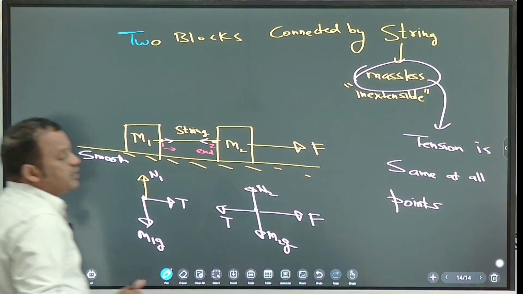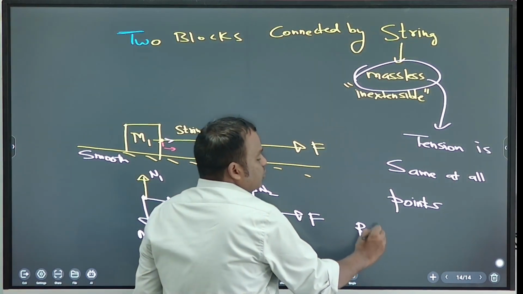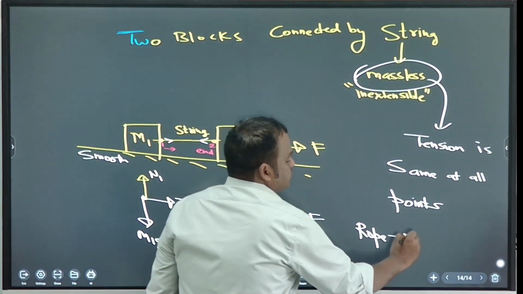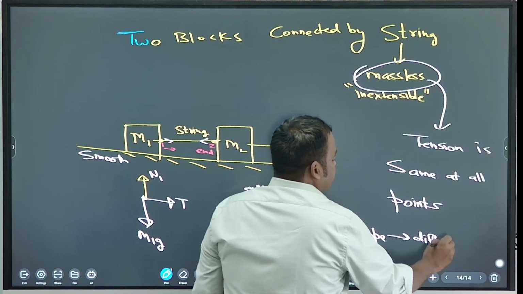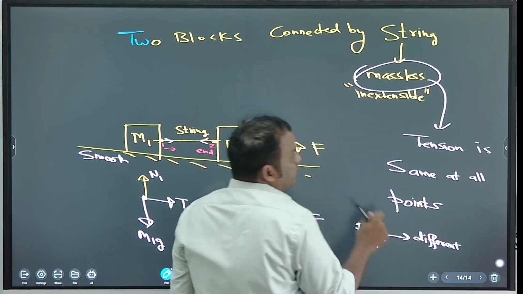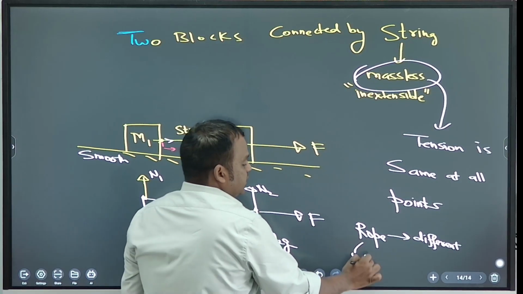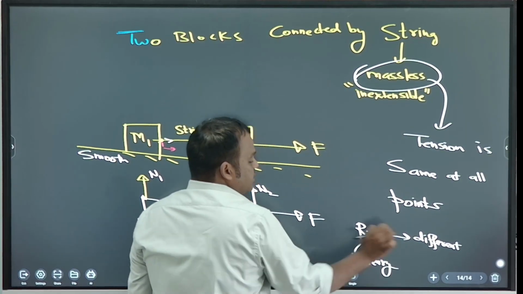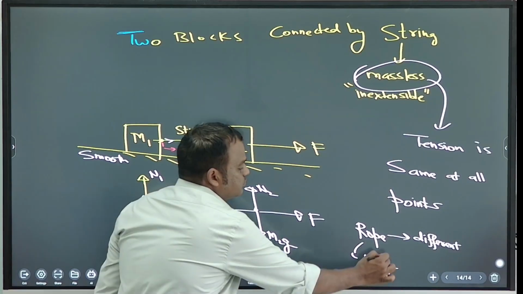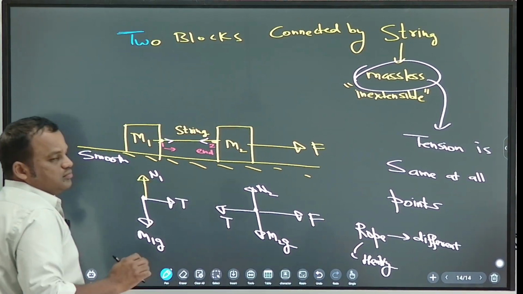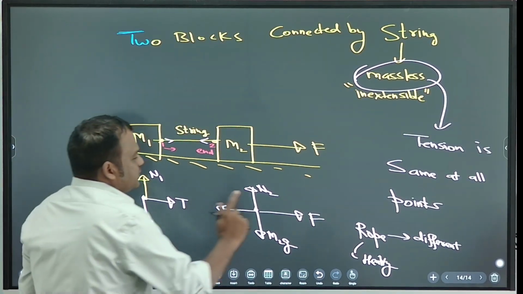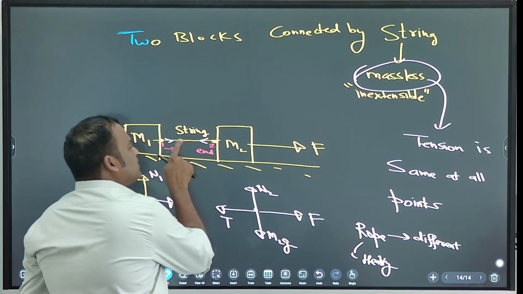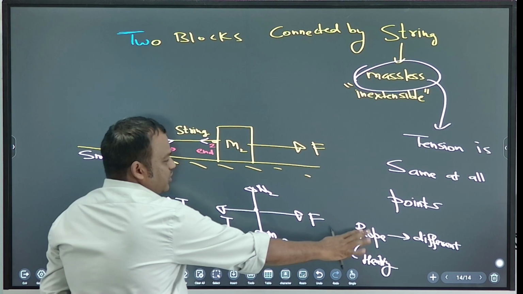But rope is different. Rope and string are different. What is difference between rope and string? String is massless, but rope has mass. It is heavy. Okay, so string means all points same tension, but rope not like this.